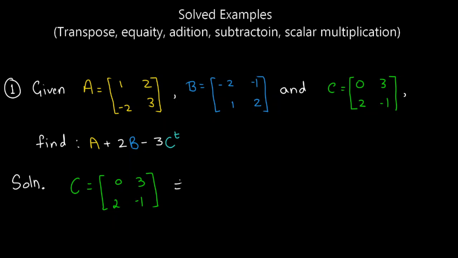This would imply that C transpose is equal to, remember, when you're transposing any matrix, the rows become columns. So 0, 3, which is the first row, becomes the first column, and 2, -1, the second row, becomes the second column, right? So now we have the value of C transpose.